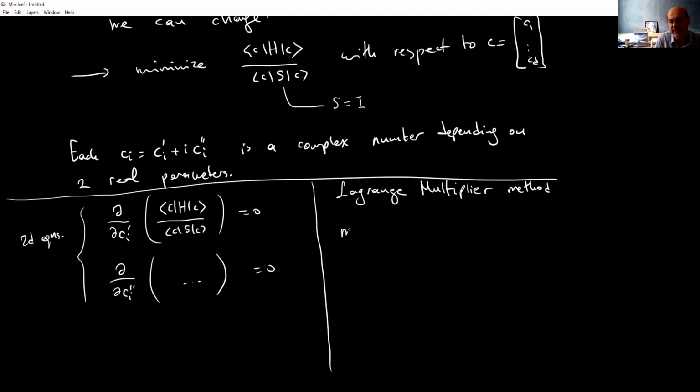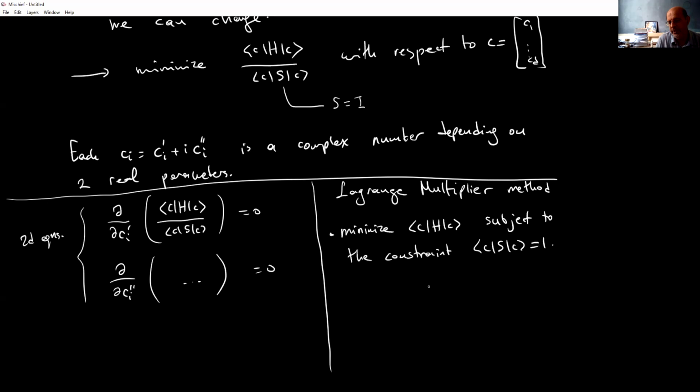So as a result, your job is to minimize basically C-H-C subject to the constraint that the normalization is equal to 1, okay? So that's the problem in here.